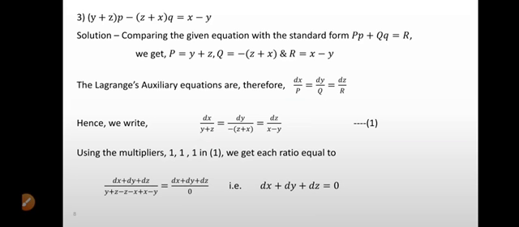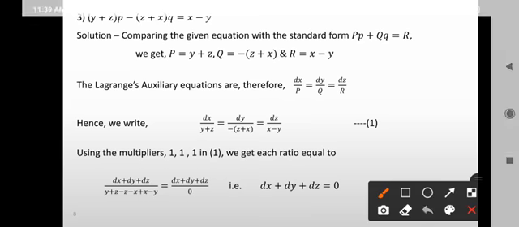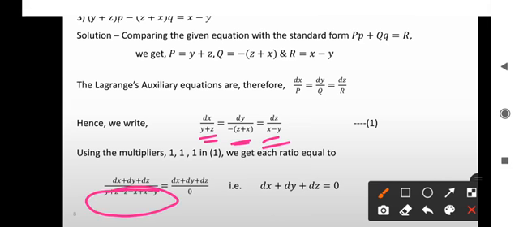So 1 dx plus 1 dy plus 1 dz divided by denominators 1 into (y plus z), the first denominator, 1 into minus of (z plus x), plus 1 into (x minus y). So on addition denominator becomes 0. So here we can write the numerator dx plus dy plus dz equal to 0.